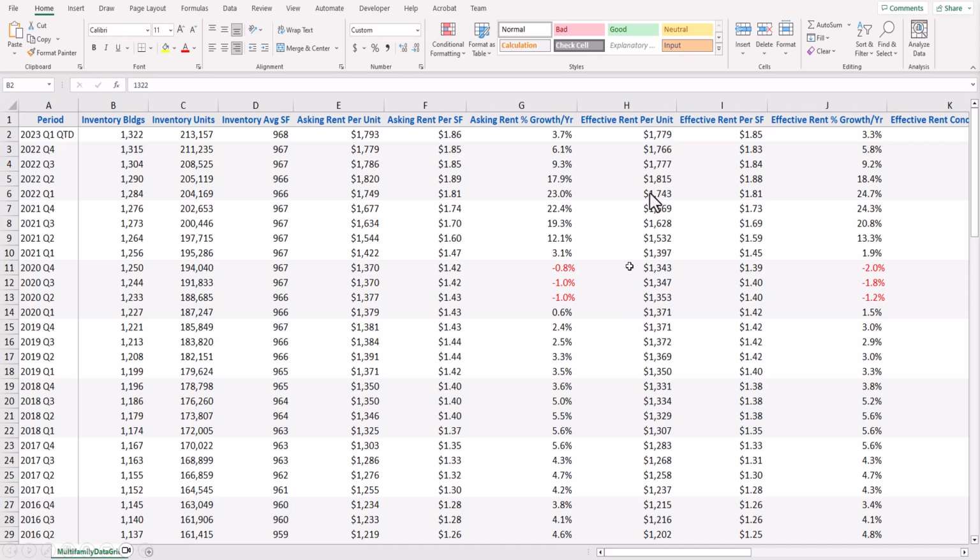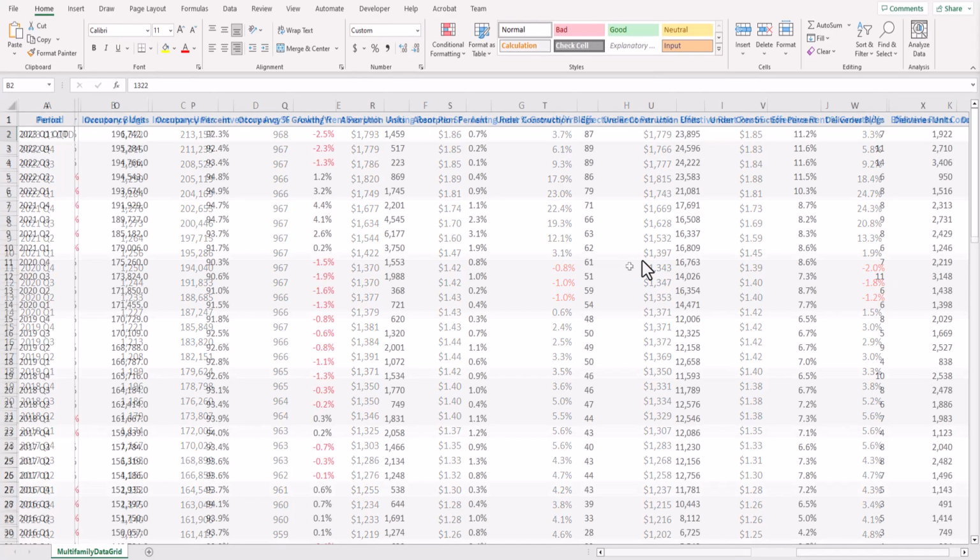This is on a quarterly basis. So Q1 2022, Q2 2022, Q3 2022, Q4 2022. So it decreased all the way down. If we look at our growth, we can see that our rent growth was declining as well.